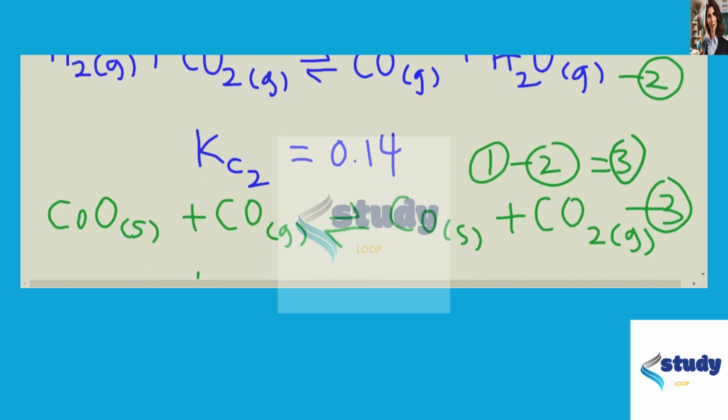So like I said again, if we subtract 2 from 1, we get 3. So 1 minus 2 is equal to 3, which is the third reaction given in the question, and that shows the reduction of cobalt oxide by carbon monoxide to form cobalt and carbon dioxide.